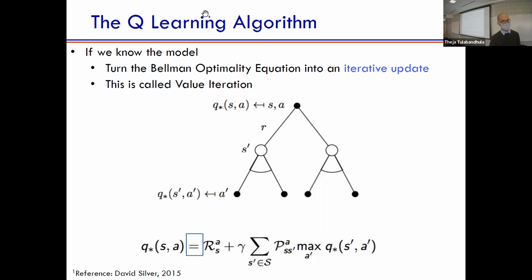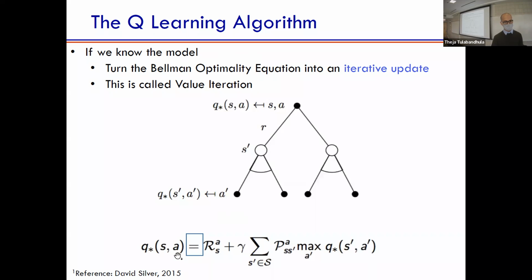And the Q learning algorithm, with the word learning there, is for the reinforcement learning setting, because you don't know the transition dynamics or the reward function. So you do the template that we saw last time: with some epsilon probability you explore and exploit, and then you do a particular Q value update. That update can also be motivated, at least informally, using the Bellman optimality equation.